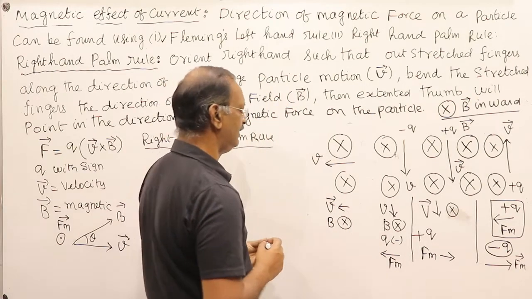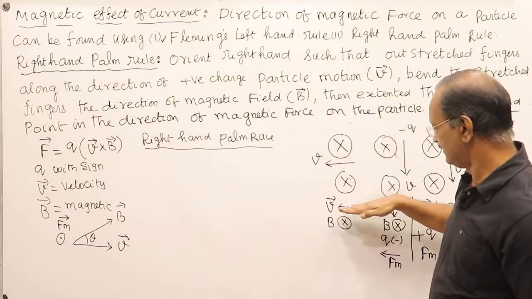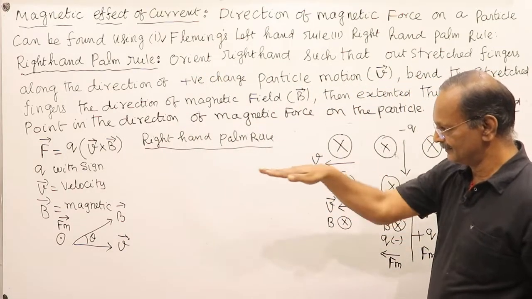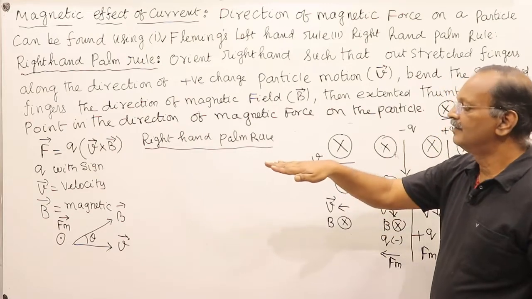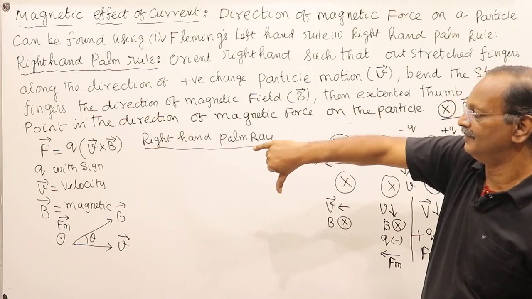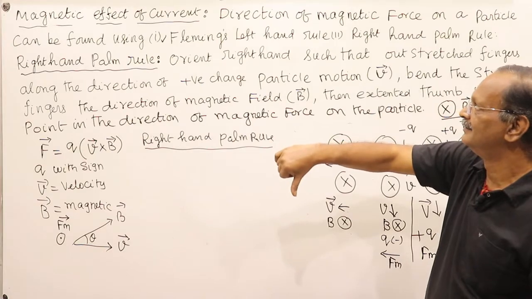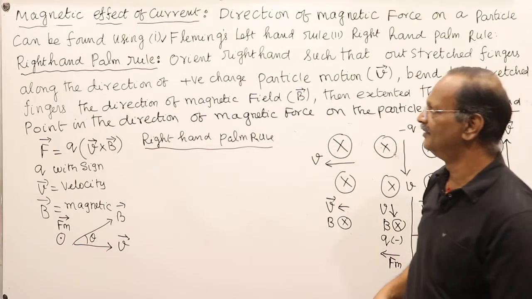Now we have to see the arrangement. First, the velocity is moving in this direction, and B is inward. So in this direction we will lower it like this, we will move like this. It means it is in the downward direction.